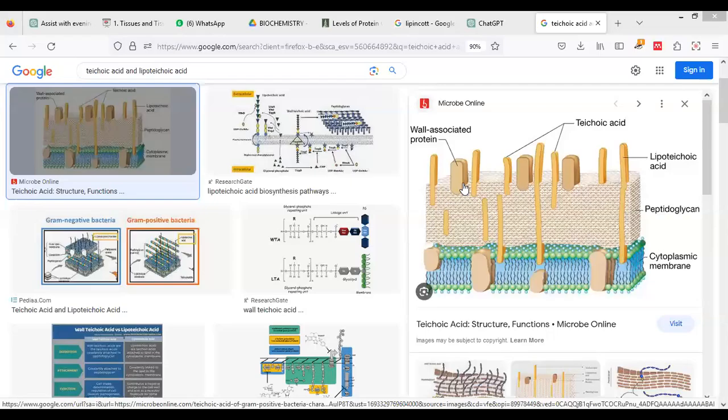So here it is: teichoic acid and lipoteichoic acid.